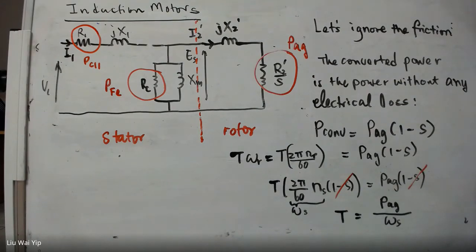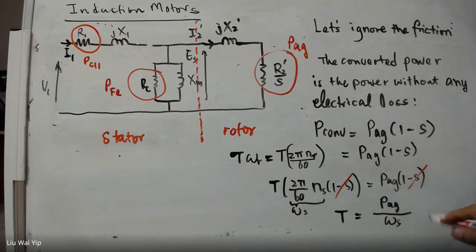So what we can see here is, for this there is no maximum or minimum: the frequency is fixed, and the number of poles is also fixed.